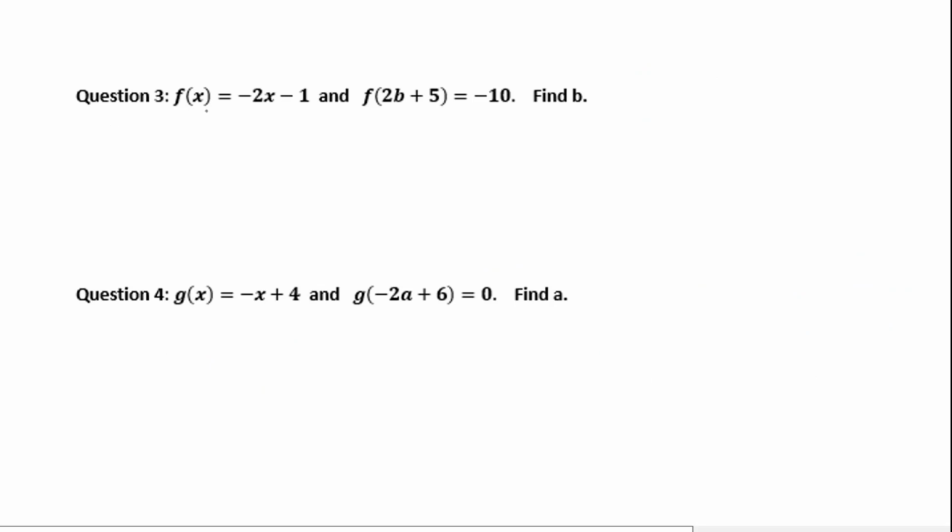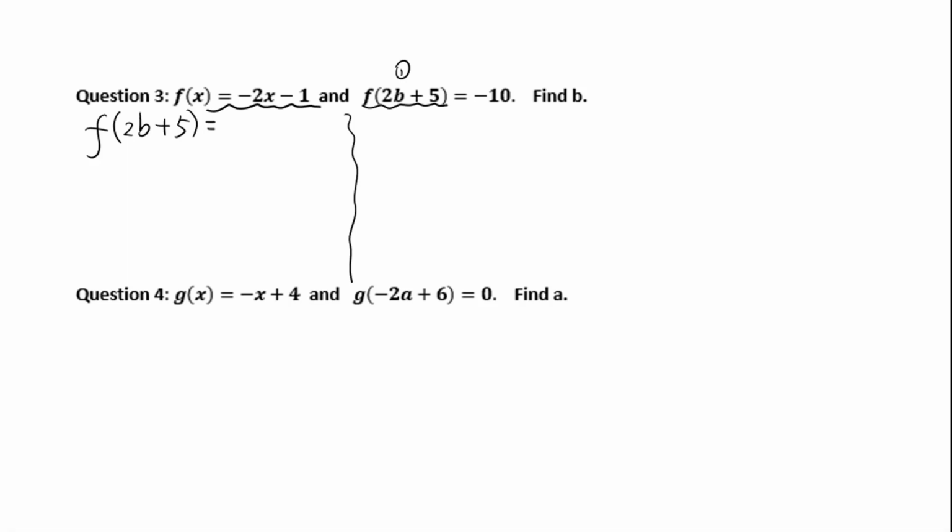Let's go to question 3. f of x equals negative 2x minus 1 and f of 2b plus 5 equals negative 10. Find b. First step, we need to figure out f of 2b plus 5. f of 2b plus 5 means every single x will be changed into 2b plus 5.